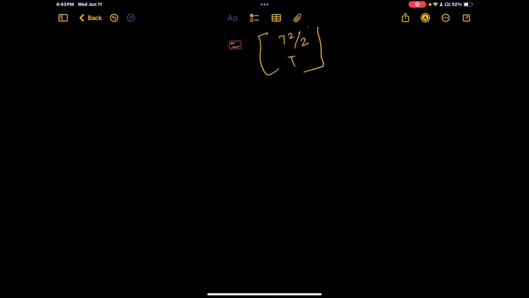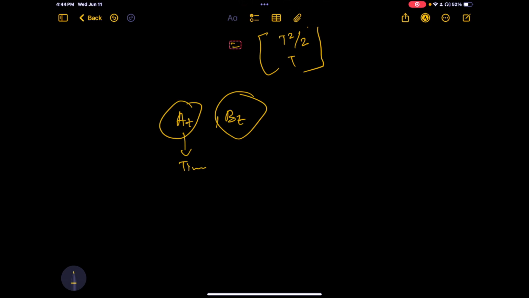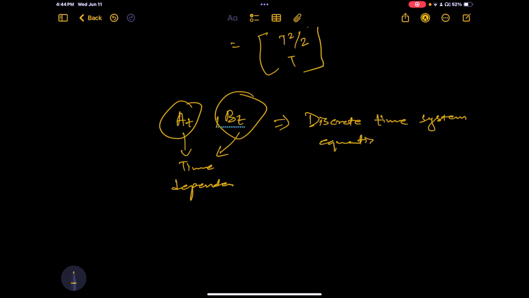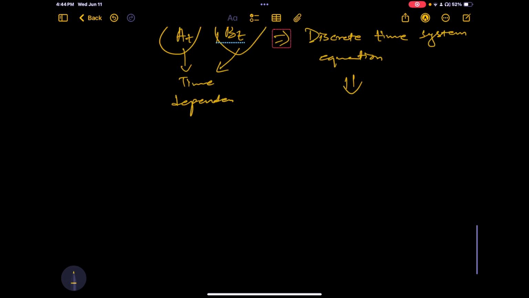Once you discretize the system, you can put those things back into your system and simulate the path. Using this AT and BT, which means this one is discretized and time dependent, and this is also time dependent, you can use them in the discrete time system equation and simulate the behavior.